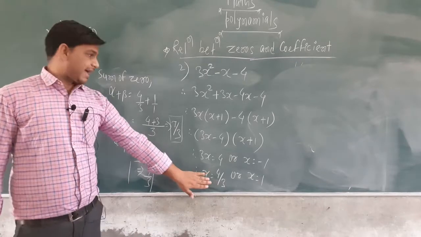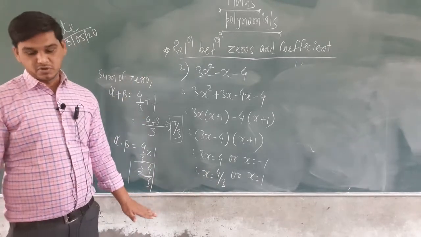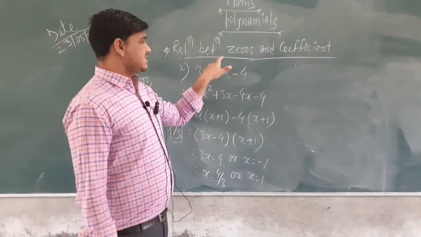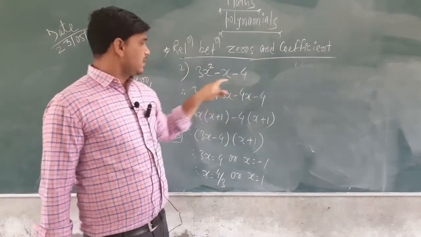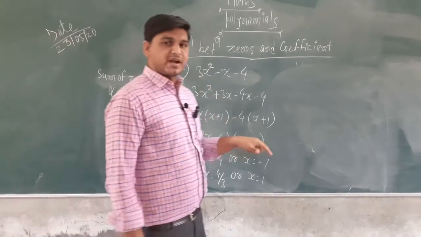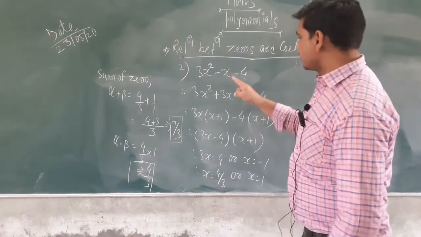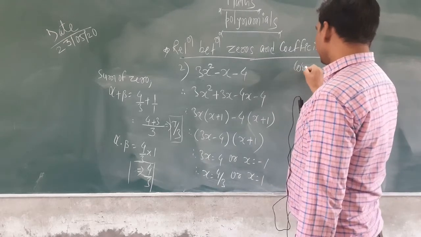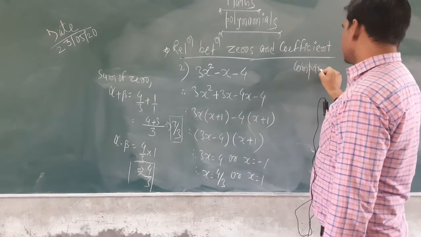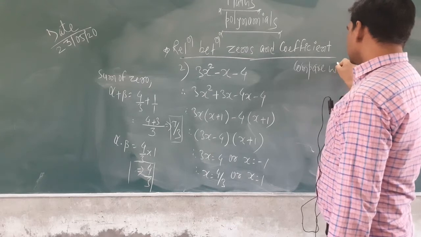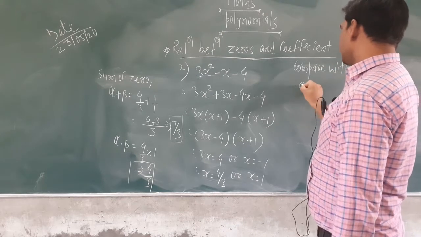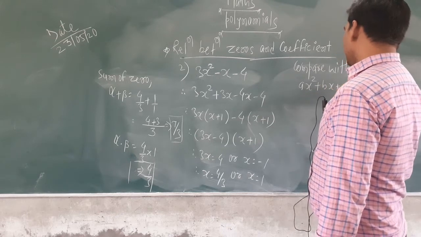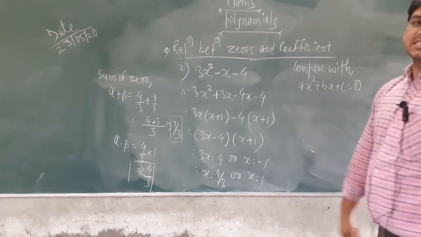Now that we have the zeros and we found the sum of zeros and product of zeros, we have to check the relationship with the coefficients. We have to compare with the standard quadratic equation. The standard quadratic equation is what? ax square plus bx plus c equal to 0.